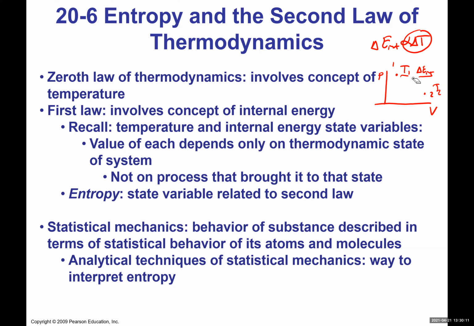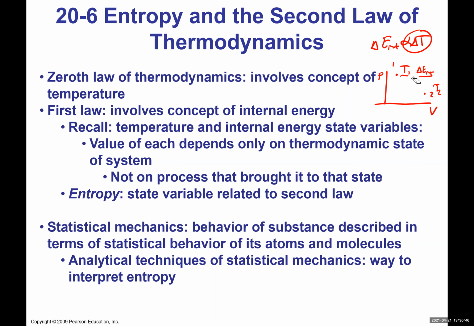Obviously, those microscopic state variables that we learned, pressure, volume, temperature, and internal energy, are state variables and do not depend on the path taken. But there are other quantities we talked about that depend on the path taken, like heat and work done.